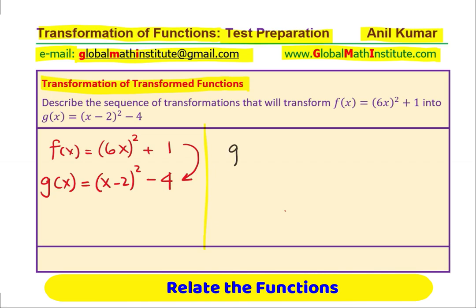So we can say g of x could be written as f of x over 6, with x minus 2. There's no vertical stretch or compression involved.